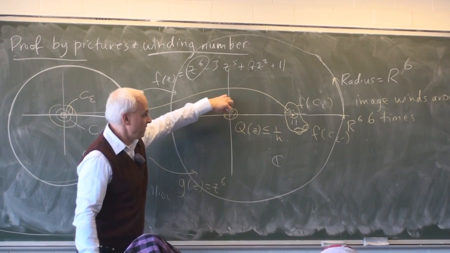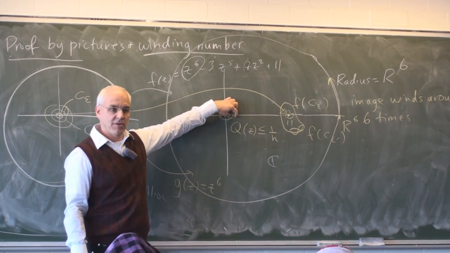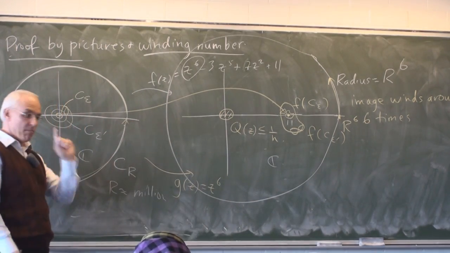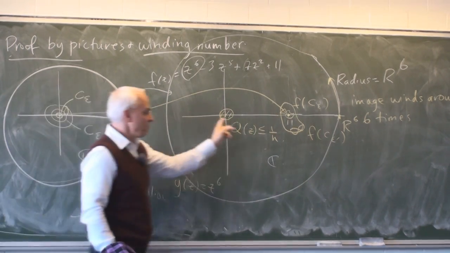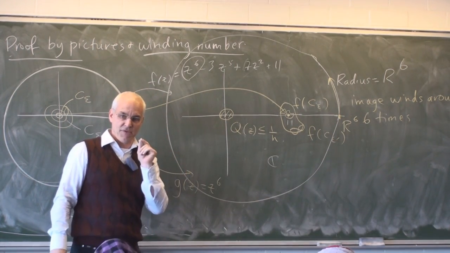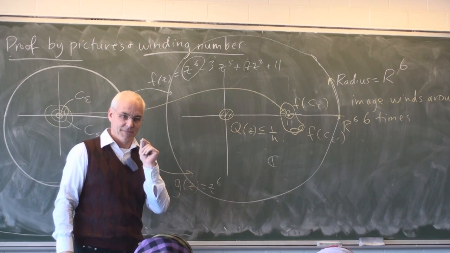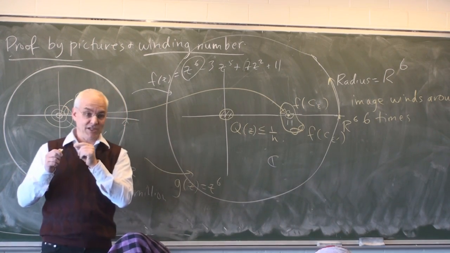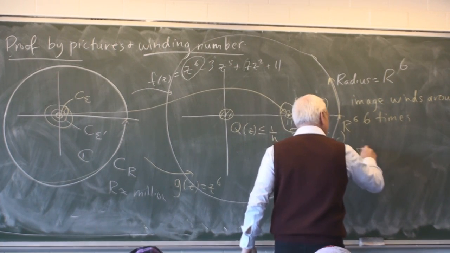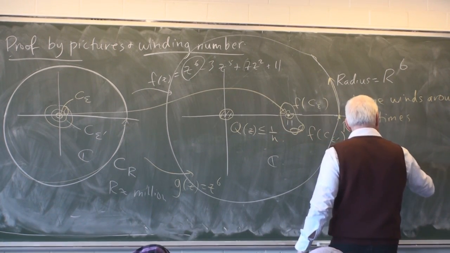Where is r to the 5th in comparison to this? Inside. It's inside, but r is a million, right? So if this is a million to the 6th, where is a million to the 5th? Well, it's 1/millionth the size of a million to the 6th. Right? r to the 5th is 1 over r times r to the 6th.